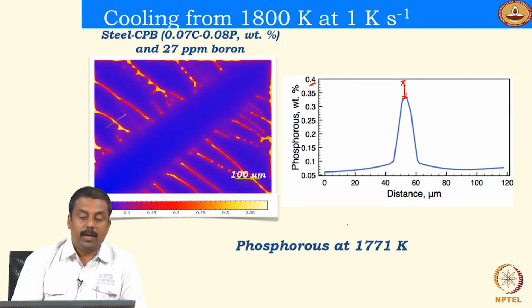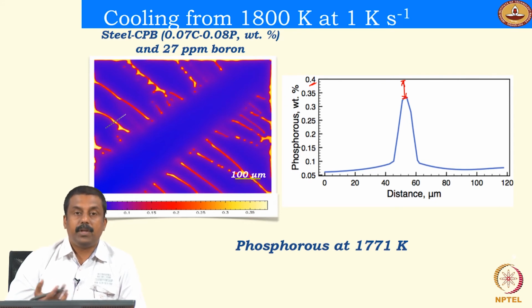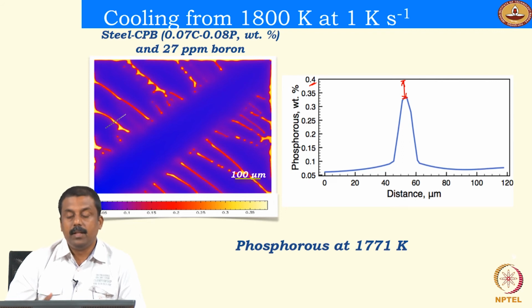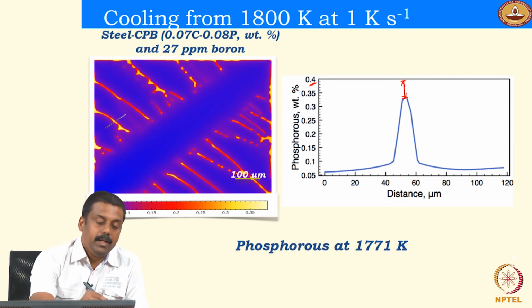So what does it mean then? The addition of boron favorably reduces the segregation of phosphorus at dendritic boundaries, and the boron atoms, once they segregate at the solid liquid interface, stop the phosphorus atoms from coming to the boundaries. The diffusion of boron is much more rapid than phosphorus, so boron atoms can readily diffuse from the delta ferrite to the boundaries of solid liquid, and then once you have the segregation of boron at the boundaries, it subsequently stops the phosphorus atoms coming to the boundaries.